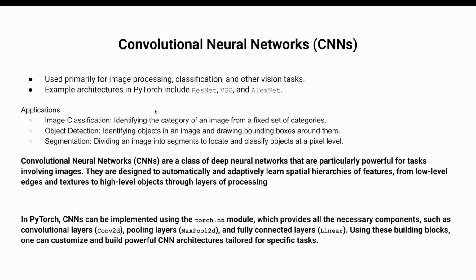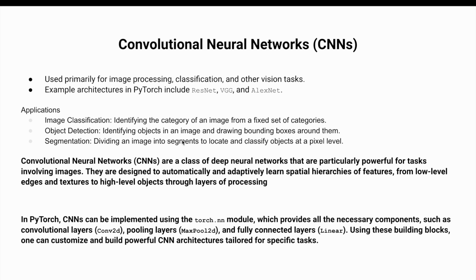Applications of convolutional neural networks include image classification, which helps identify the category of an image from a fixed set of categories. They're also used in object detection, for identifying objects in an image and drawing bounding boxes around them.